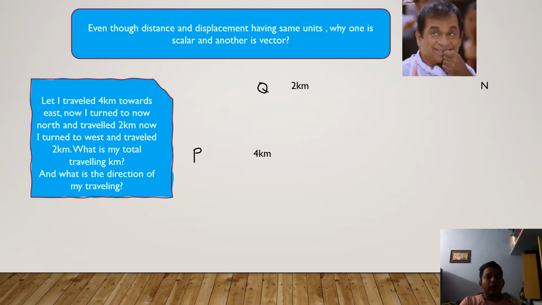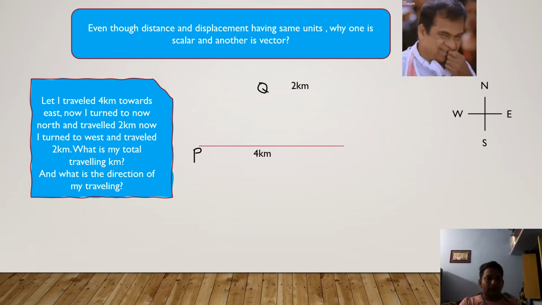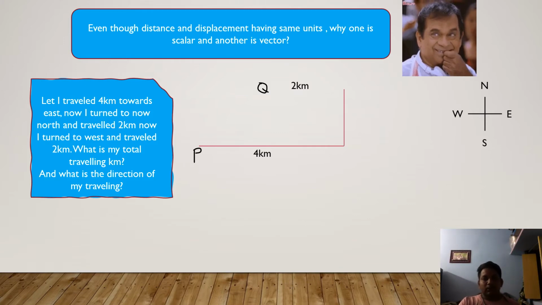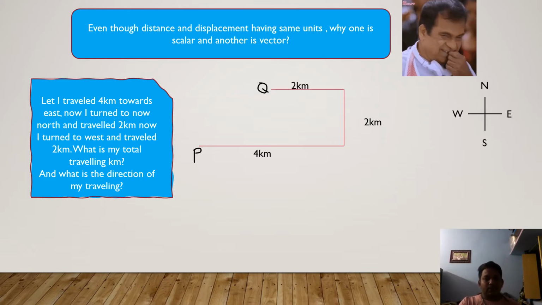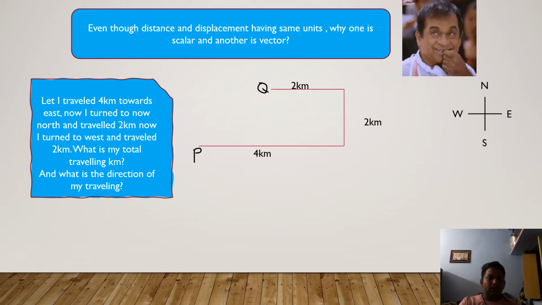I have a doubt: even though distance and displacement have the same units, why is one a vector and the other a scalar? Let me give one example. I traveled 4 kilometers towards the east, and now I turn to the north and travel 2 kilometers, and I turn to the west, that is 2 kilometers.